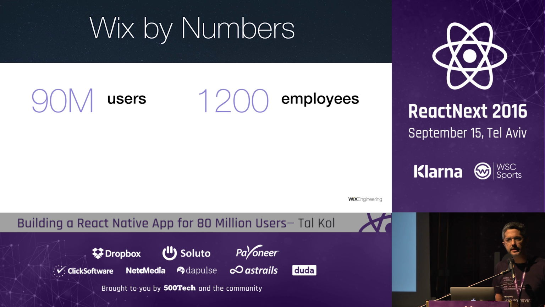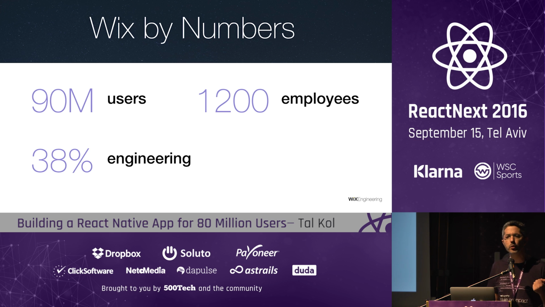And among these employees, the majority, we have a huge investment in engineering. 38% of our employees are engineers. Among these engineers, in front end, okay, since this is a React conference, we have about 200 front-end developers. So as you can see, Wix is a large company with significant engineering firepower.